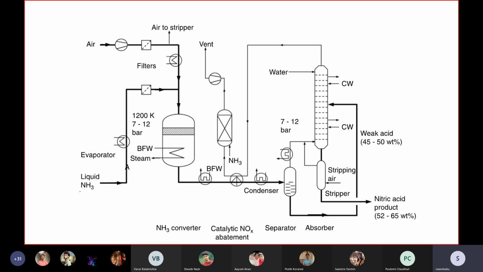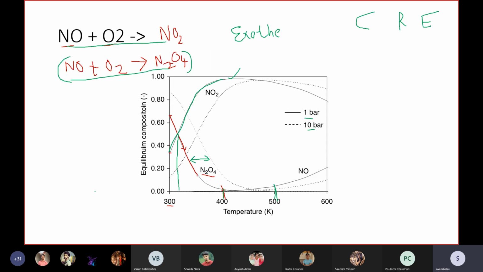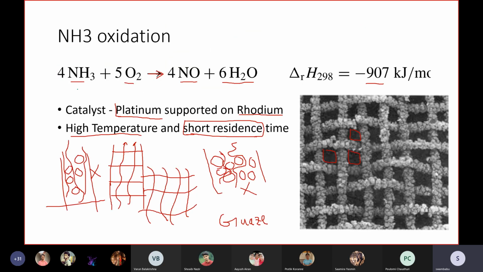So we get liquid ammonia from the ammonia process plant. In this case, all are in the gaseous state: ammonia in the gas, oxygen in the gas form.